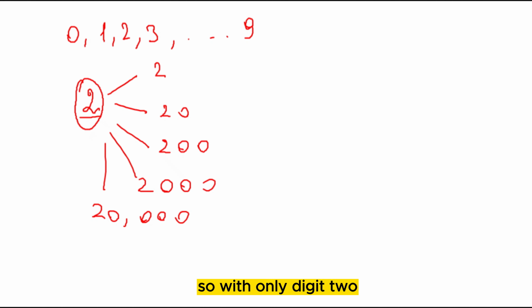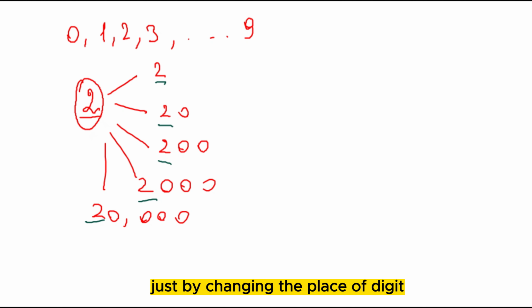So with only digit 2, just by changing its place, here 2 is on 1's place, here it is on 10's place, here on 100's place, here on 1,000's place, here 10,000's place. Just by changing the place of a digit, we can change its value.